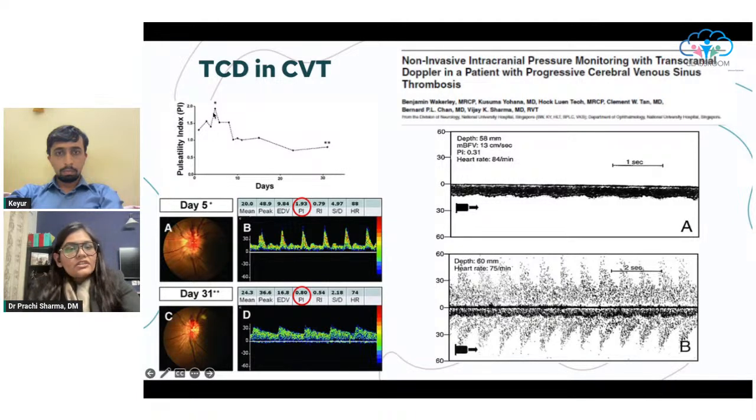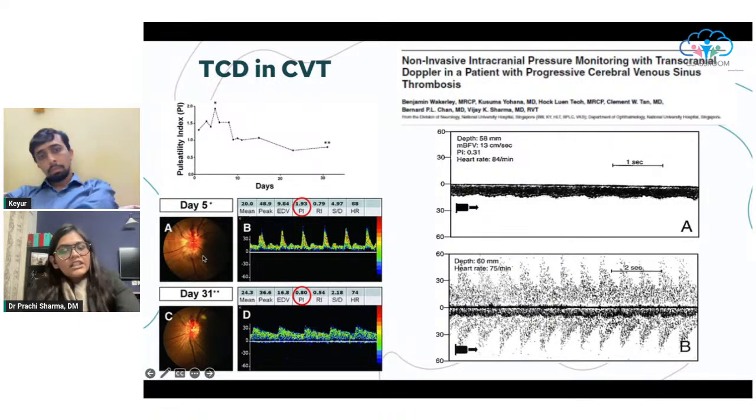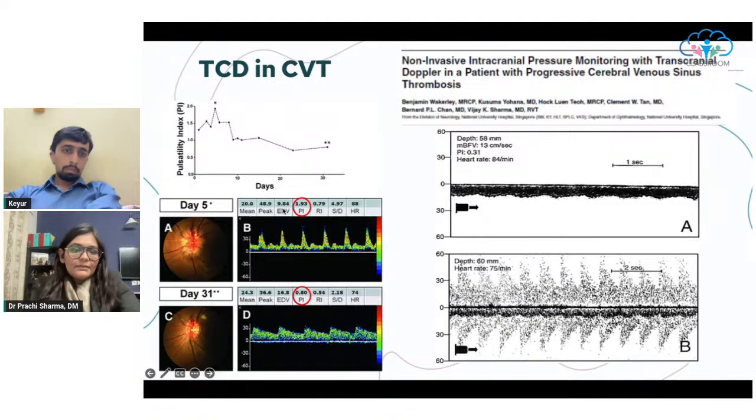When the patient developed a deterioration in the neurological status and papilloedema, the PI was 1.93. They escalated the therapy, and the patient was treated with endovascular intervention, after which the PI gradually reduced. Within 3 days post EVT, the PI was within normal values. And you can see that subsequently, once the papilloedema settled, the PI value reduced from 1.93 to 0.8.